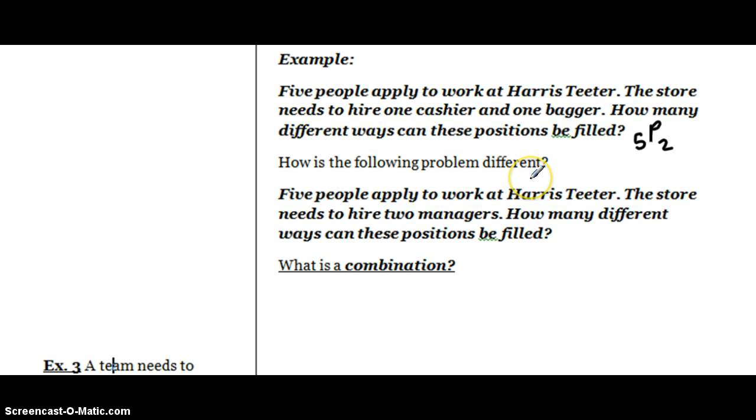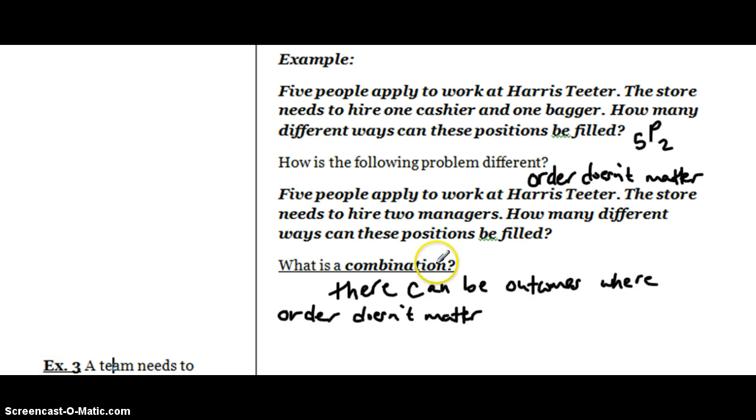So that's how this one is different. And this kind is called a combination, when the order doesn't matter. Okay, so the Harris Teeter one, we're going to call it a combination. So it would be 5C2.